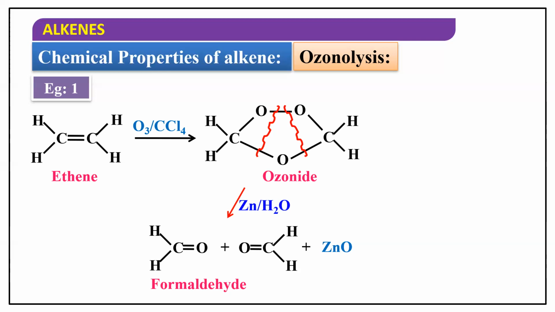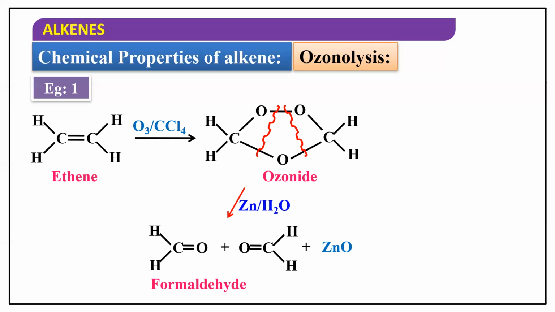Once the ozonide is formed, in the presence of zinc and water, it breaks at two places. To be more specific, it breaks to give 3 parts. Depending upon the composition, you get the respective products. In this case, the components formed are formaldehyde, and the last component, which is oxygen, is removed as zinc oxide. So this is pretty straightforward.